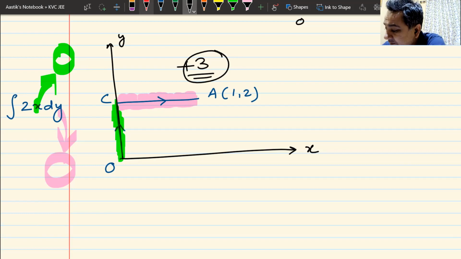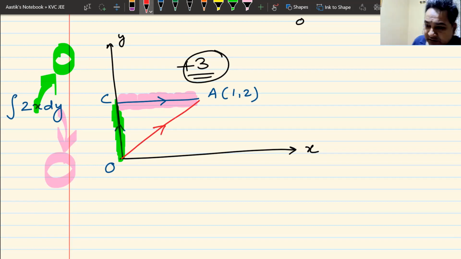Okay, then comes the last part, and since you have become mature enough, I will just write the last part as the red one. And I'm going to go like this. What is the answer for this one?